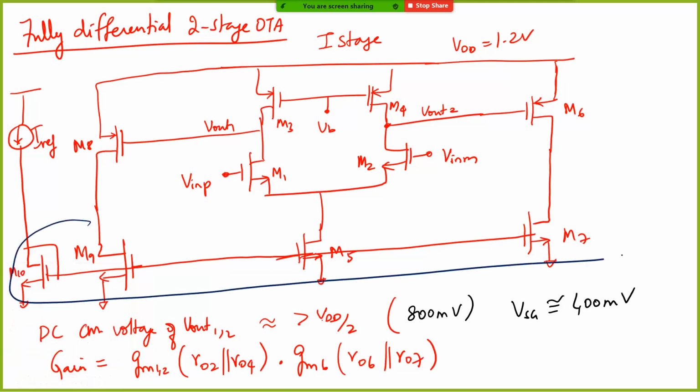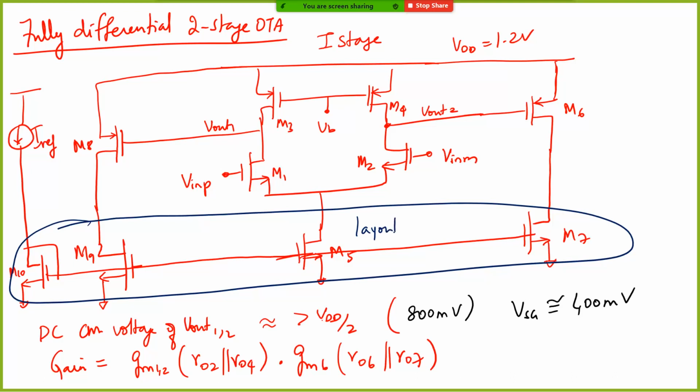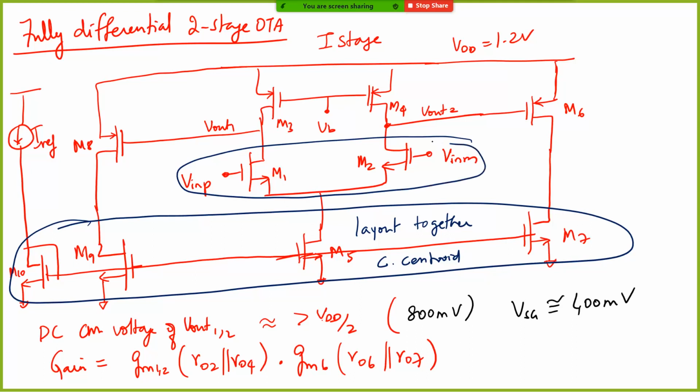So this whole thing will be laid out together, and this will have a common centroid layout. M10 will be in the center, and all of them will be around it to make sure that the mismatches are as minimum as possible.